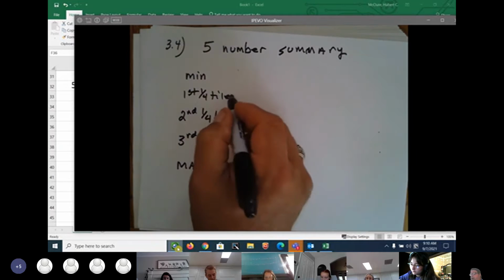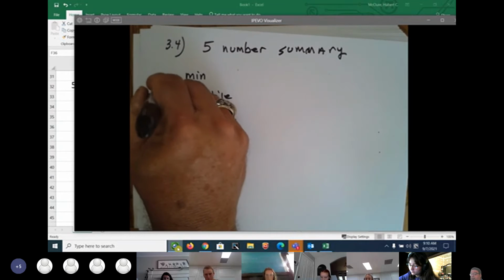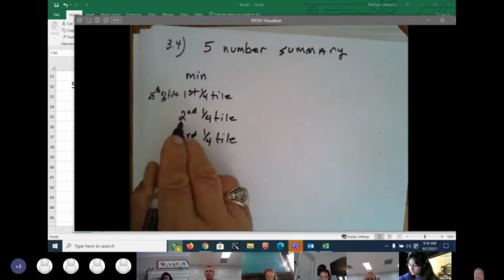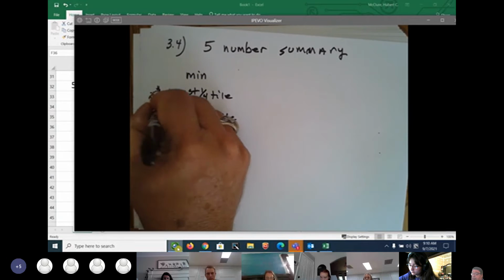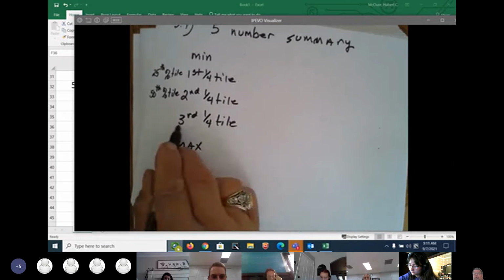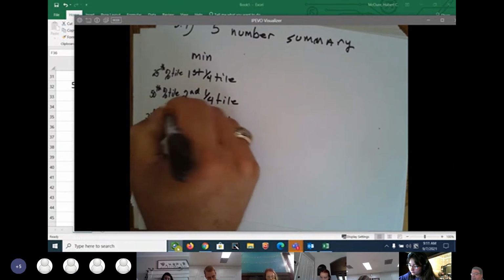Now, the first quartile is also called the 25th percentile. The second quartile is also called the 50th percentile. And the third is called the 75th percentile.